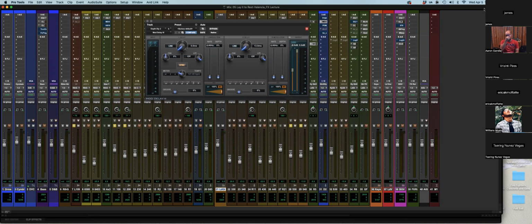Yeah, absolutely. And notice that there's a bit of a shift upward. Tonally, it almost sounded like it got brighter and then it went up in height.